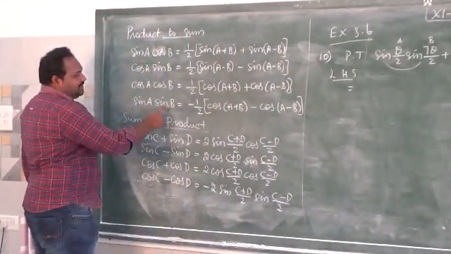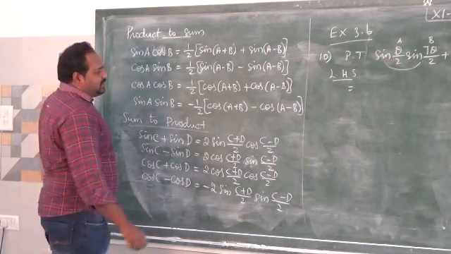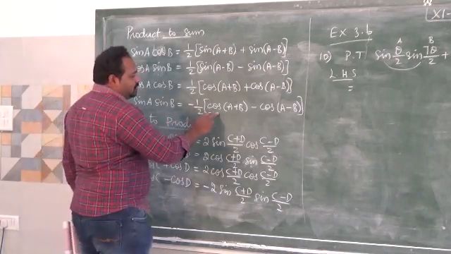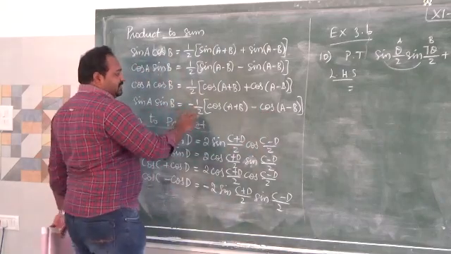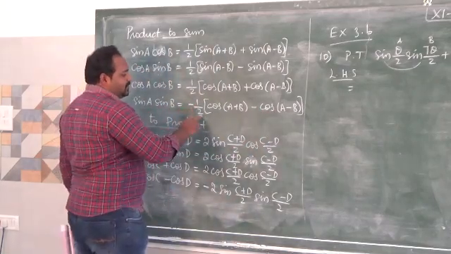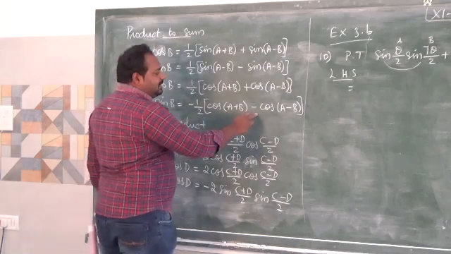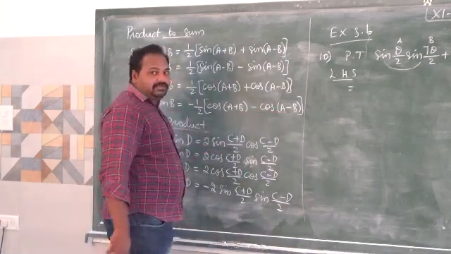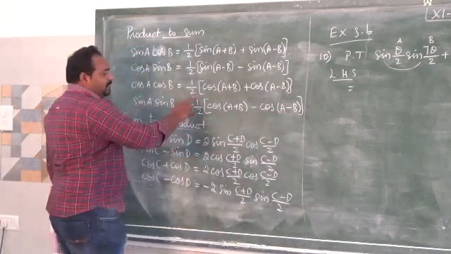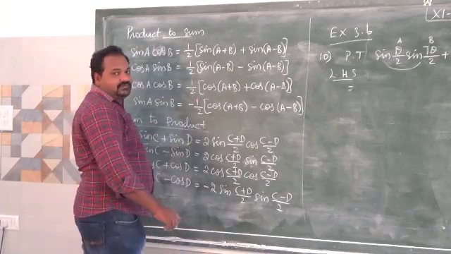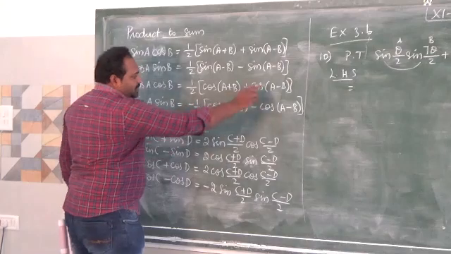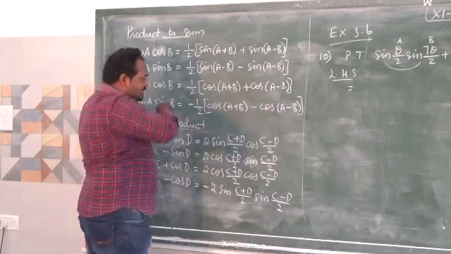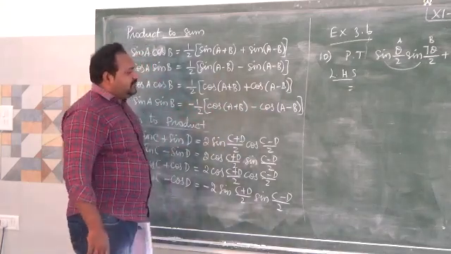Sin A sin B can be written as minus 1 by 2 cos of A plus B minus cos of A minus B. We also have another way, plus 1 by 2 cos of A minus B minus cos of A plus B, but here I am taking minus 1 by 2. So I am going to take this identity, minus 1 by 2 cos of A plus B minus cos of A minus B.